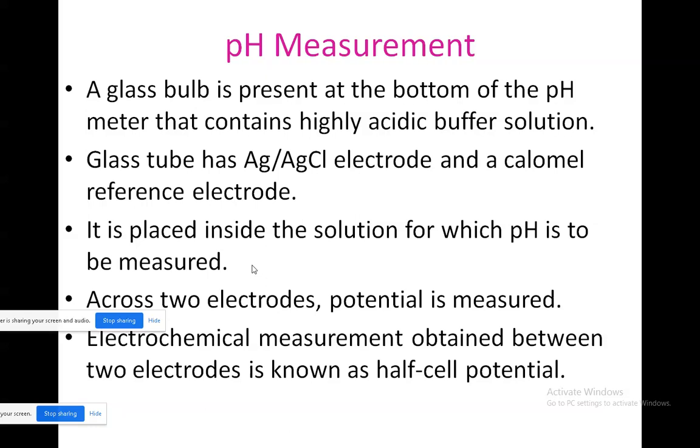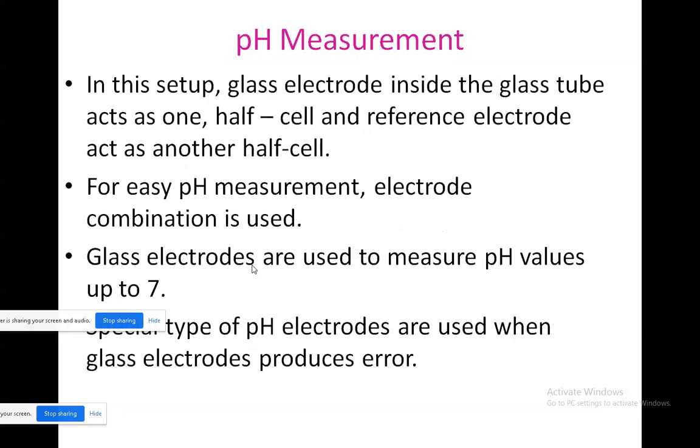We measure the potential value for the given substance in the container between the two electrodes using a voltmeter. The electrochemical measurement obtained between the two electrodes, that is the voltage at the voltmeter, is known as the half cell potential.